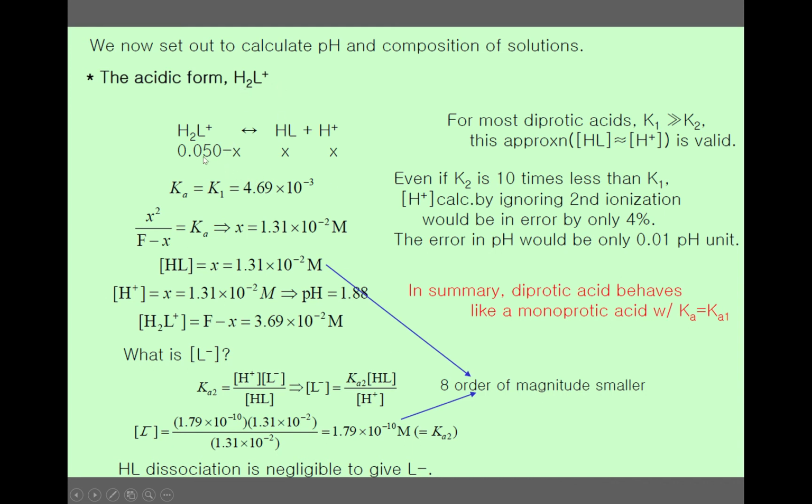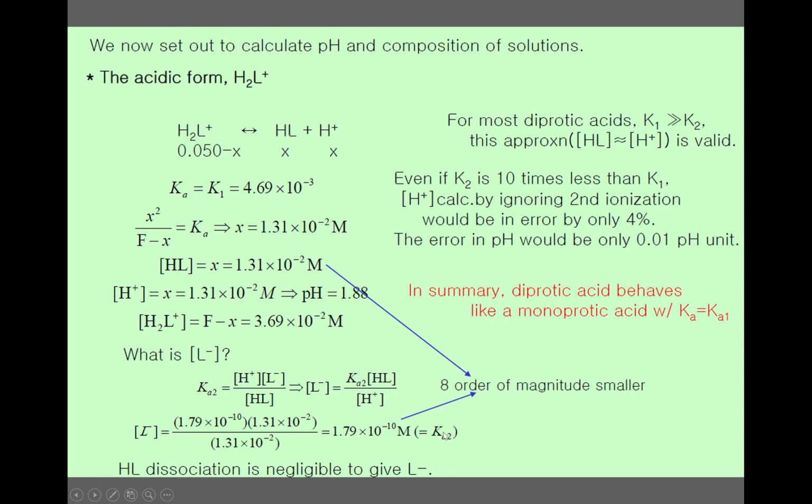When fully protonated, this leucine dissociates. This is the first dissociation, and there is also a second dissociation. But since the first dissociation constant is much greater than the second, Ka1, or K1, is 4.69 times 10 to minus 3. But what about the second dissociation constant?